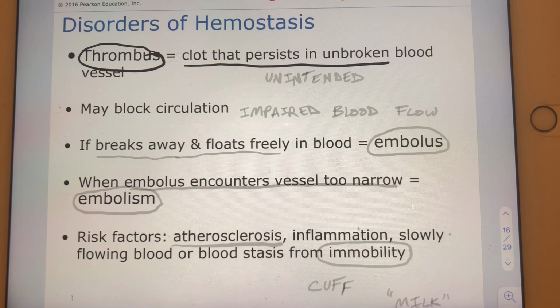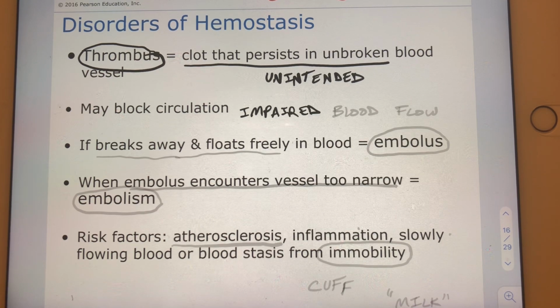And obviously, any clot, whether it's meant to be there or not, can act as an obstacle, right? An obstacle means impaired blood flow, potentially.